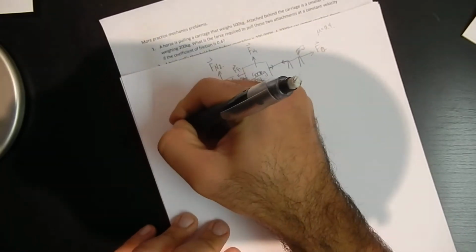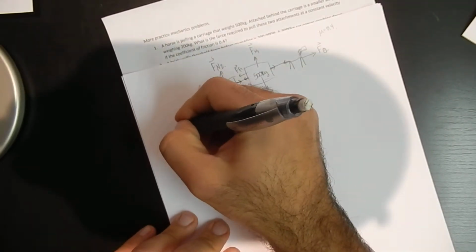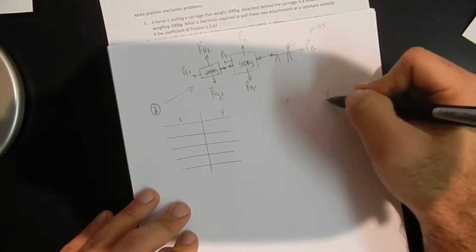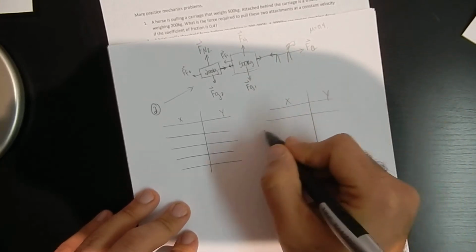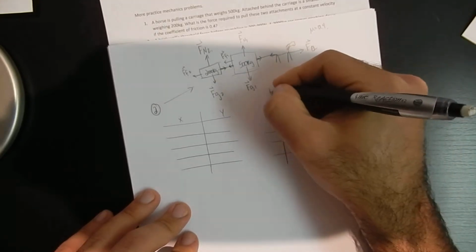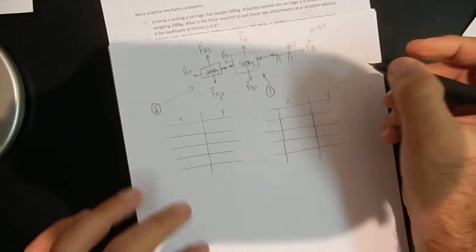So here's my object, well, I'll do object 2 because it's closer to 2, and this is going to be object 1, which is this one here.